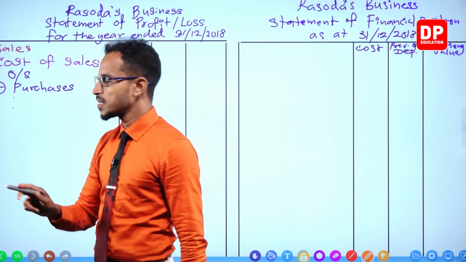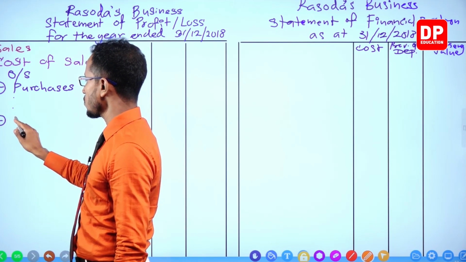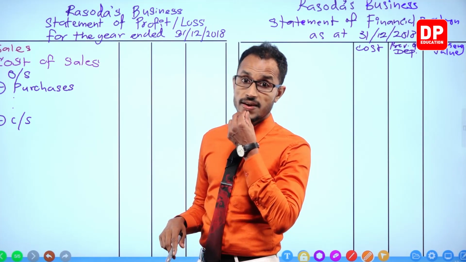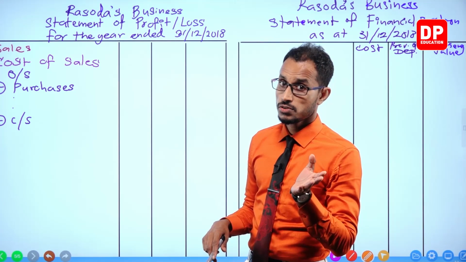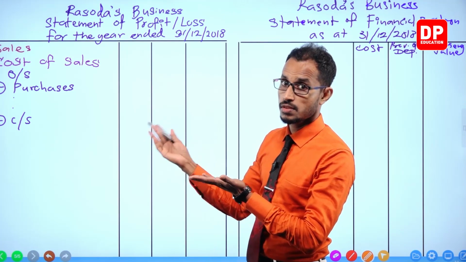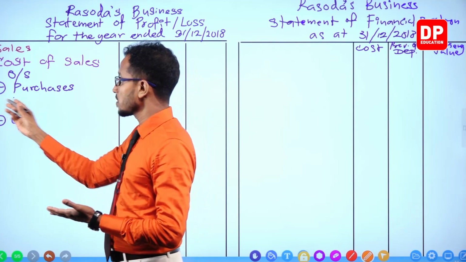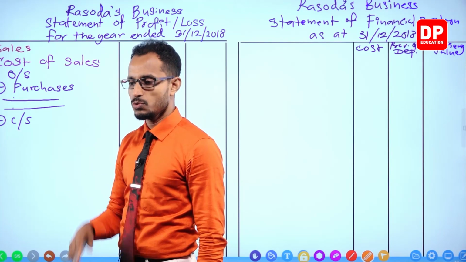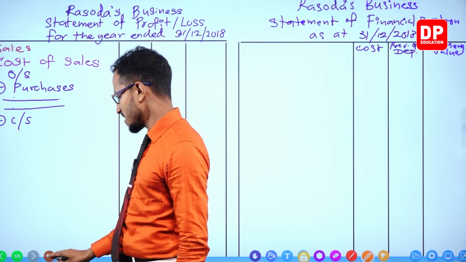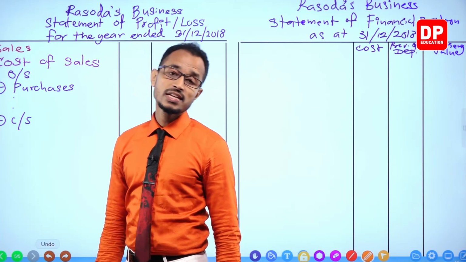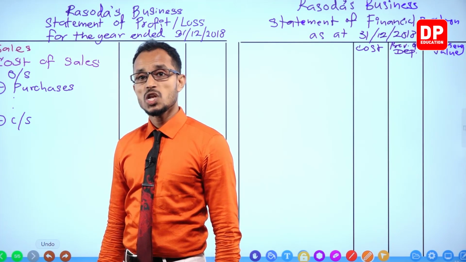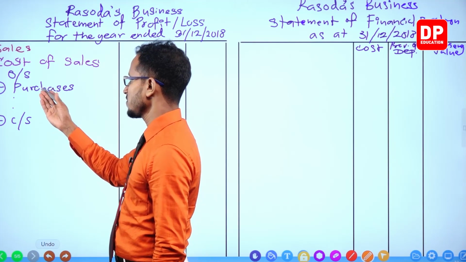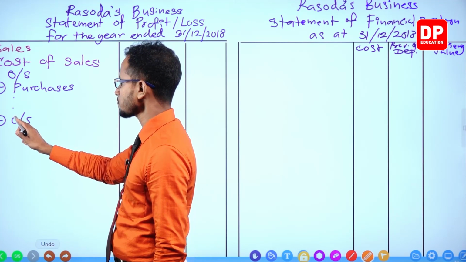Then minus or subtract closing stock. Got it or not? You can write down the purchase related expenses like carriage inwards, loading, unloading expenses. Those ones, okay? Leave 2 lines. Then closing stock.